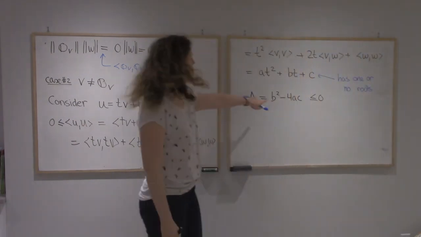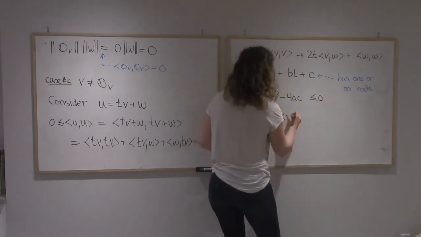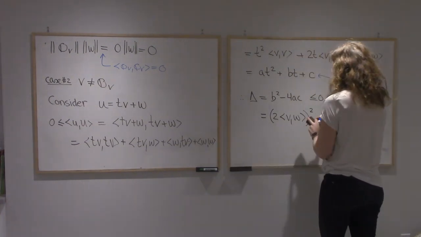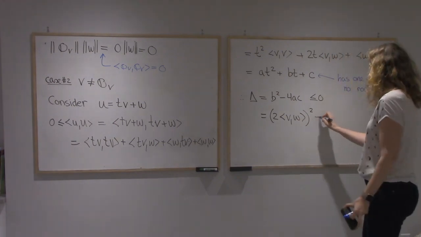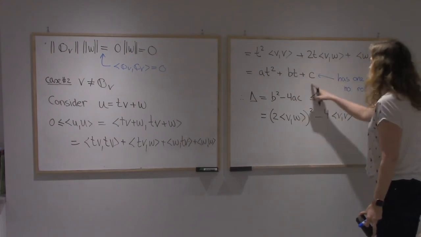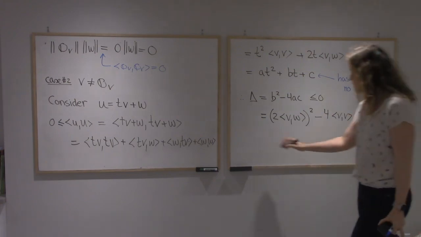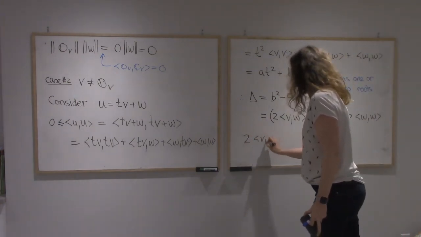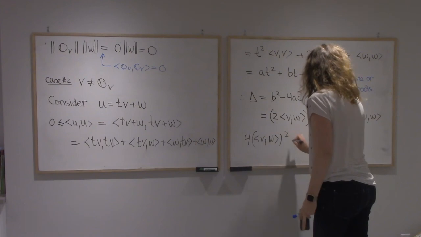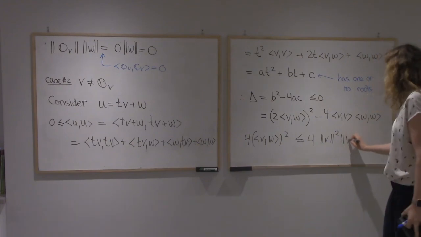Let's spell out what it is in our case. B was 2 times ⟨v, w⟩, minus 4 times A, which is ⟨v, v⟩, times C, which is ⟨w, w⟩. So this needs to be negative, which means that 4⟨v, w⟩ squared is less or equal to 4 times the length of V squared times the length of W squared.